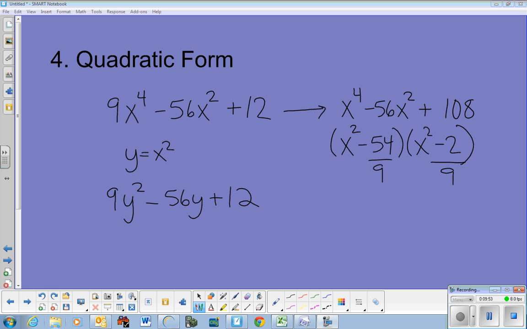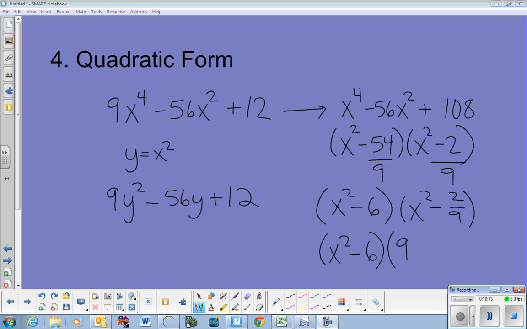Now they're x squareds. It doesn't matter, no big deal. So this first one becomes x squared minus 6. And the second one becomes x squared minus 2/9, because 2/9 won't simplify. So the first one, if you don't have anything to slide back out front, you just don't slide anything back out front. The second one, 9x squared minus 2.